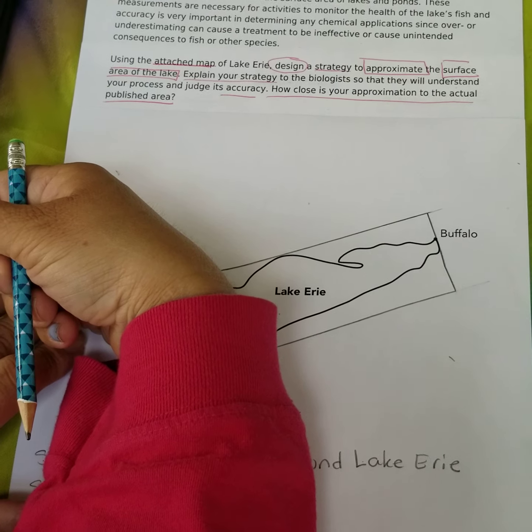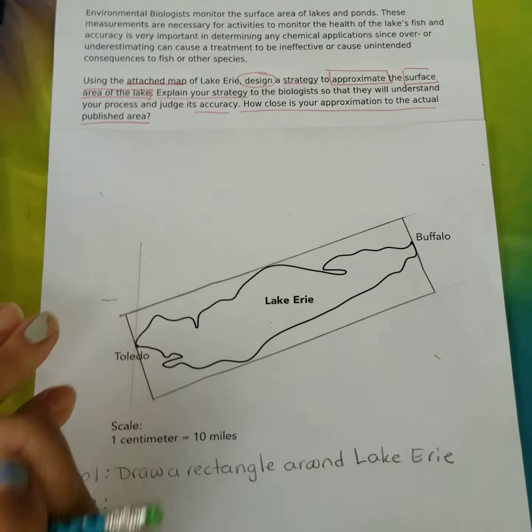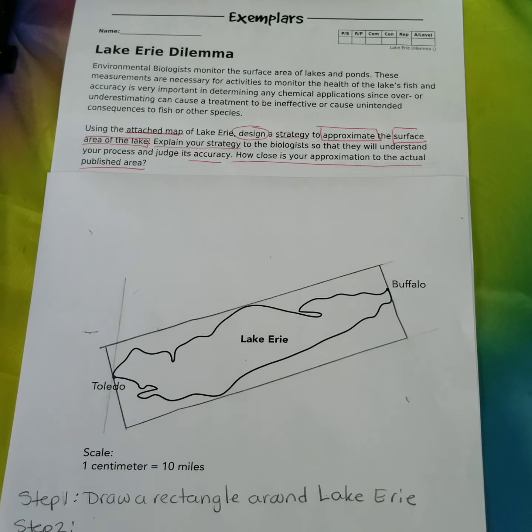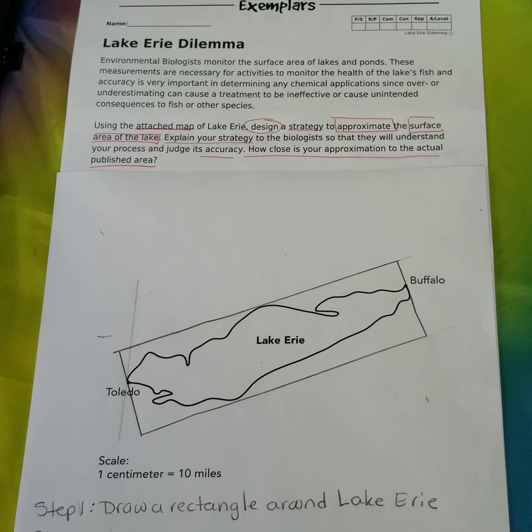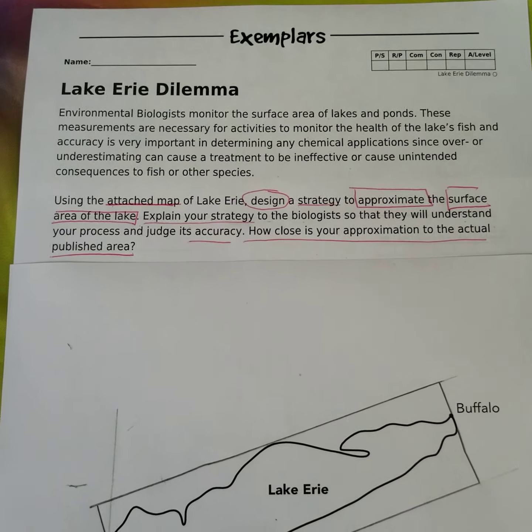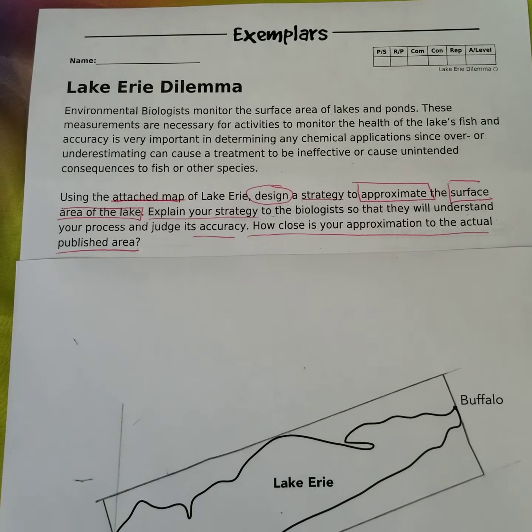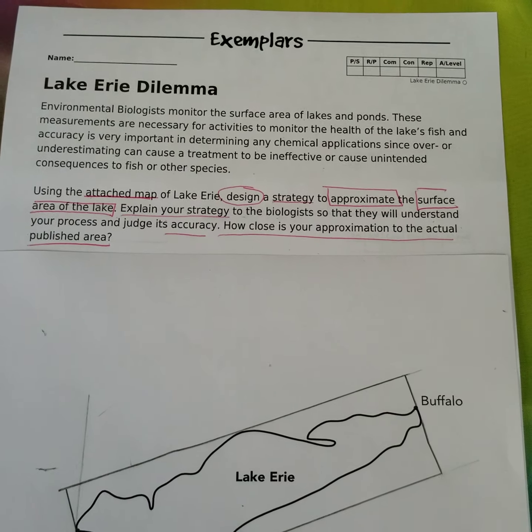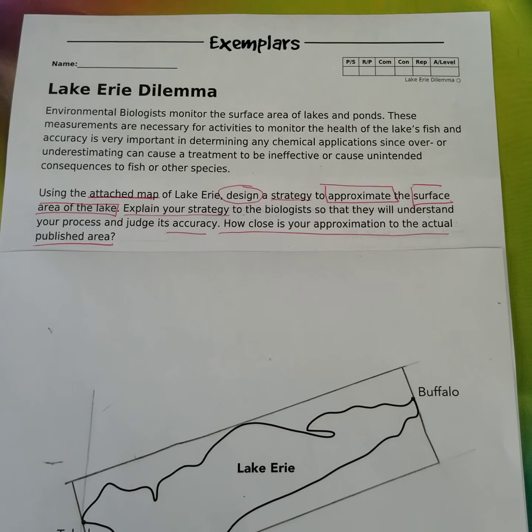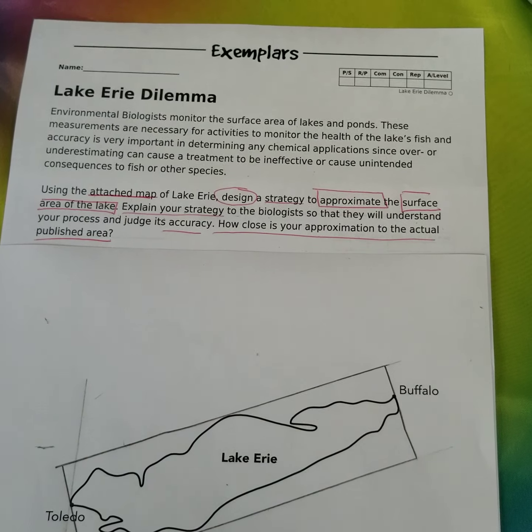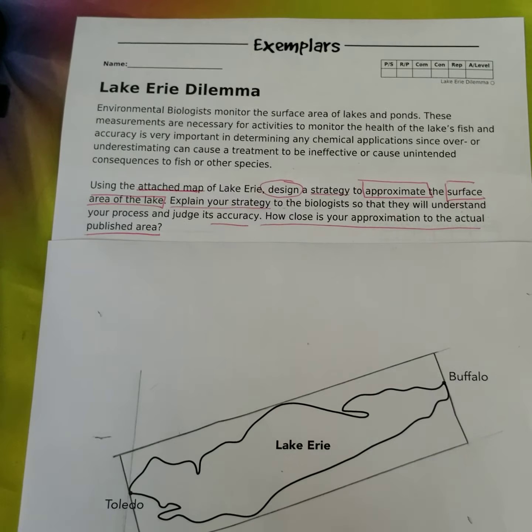Okay, so let's do Lake Erie dilemma. Environmental biologists monitor the surface area of lakes and ponds. These measurements are necessary to monitor the health of lakes and fish, and accuracy is very important in determining any chemical applications, since over or underestimating can cause a treatment to be ineffective or cause unintended consequences to fish or other species.